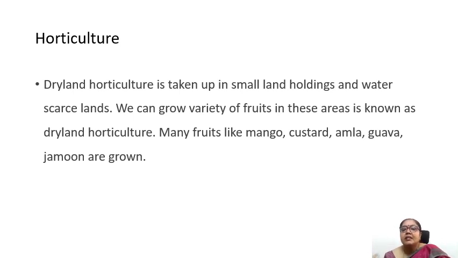We have seen that many fruits like mango, custard apple, amla, guava, jamun, etc., and even to some extent pomegranates have been grown. So we find that horticulture, which helps to grow fruits, is doing very well in the dryland areas.